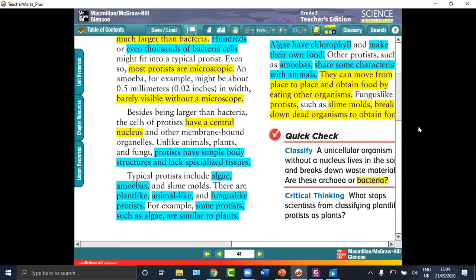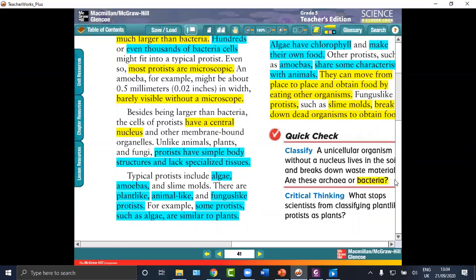Are these archaea or bacteria? The answer: it's a bacterium. It doesn't live in a harsh environment. Harsh environment like the basement, like the salt water, extremely salt water.